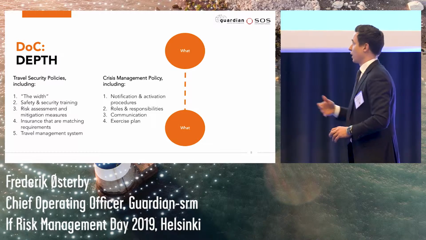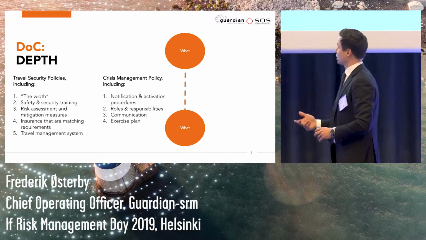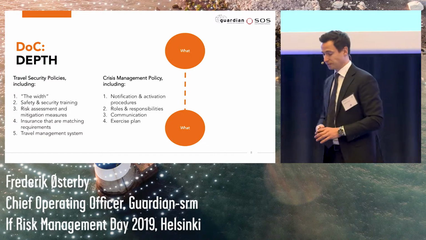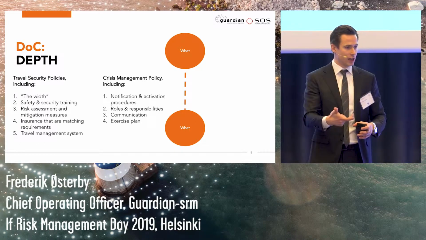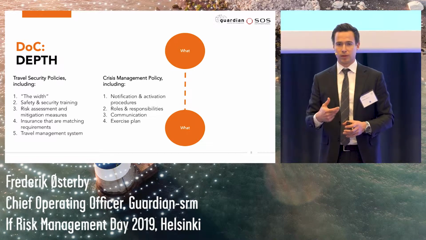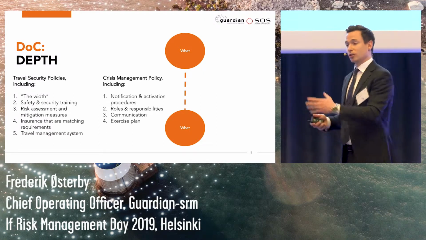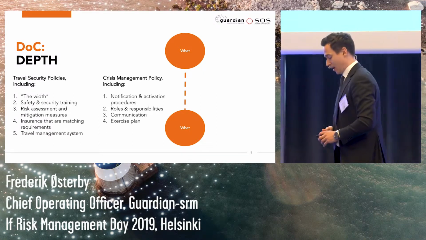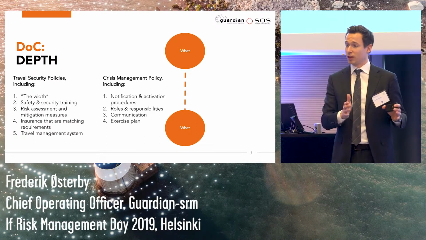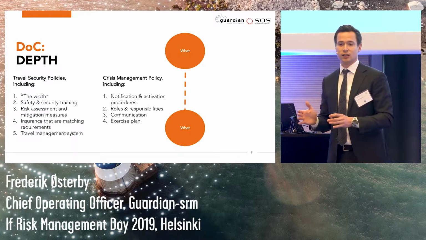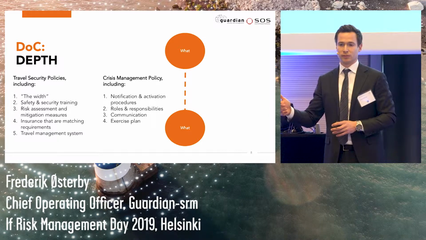Then you need to supply your employees with risk assessment and mitigation measures. So before they go, they need to know what kind of threats there are and how we mitigate them. So that could be going to visit a refugee camp in Kenya. Well, there is a threat of kidnap. We mitigate this by driving in armored vehicles.